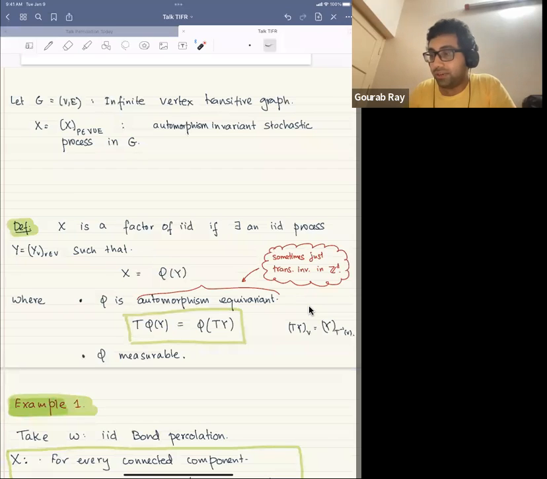The question is, can you write X as a function of this IID process? And this function has to satisfy two properties. First of all, it has to be measurable. And secondly, it has to be automorphism equivariant, meaning that this function essentially should not depend on the location of the root.